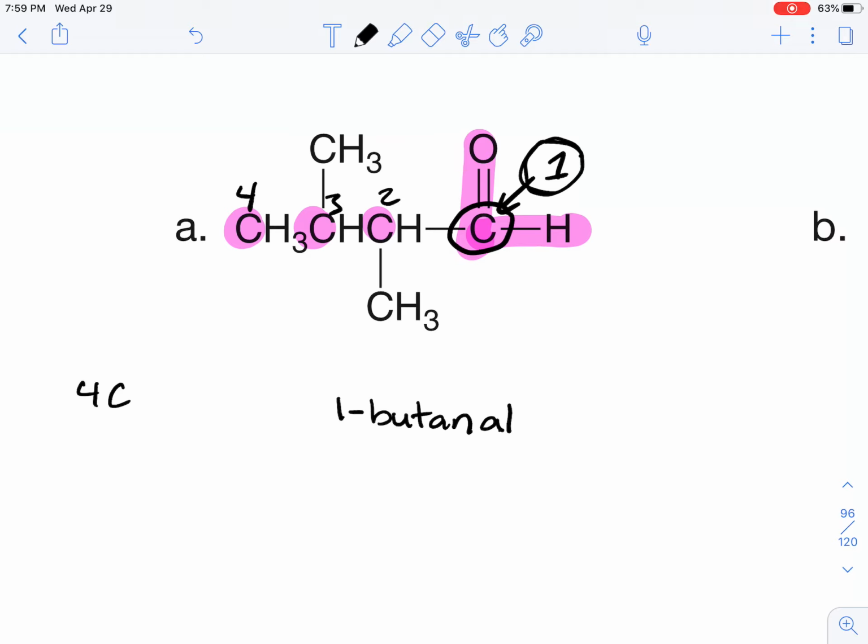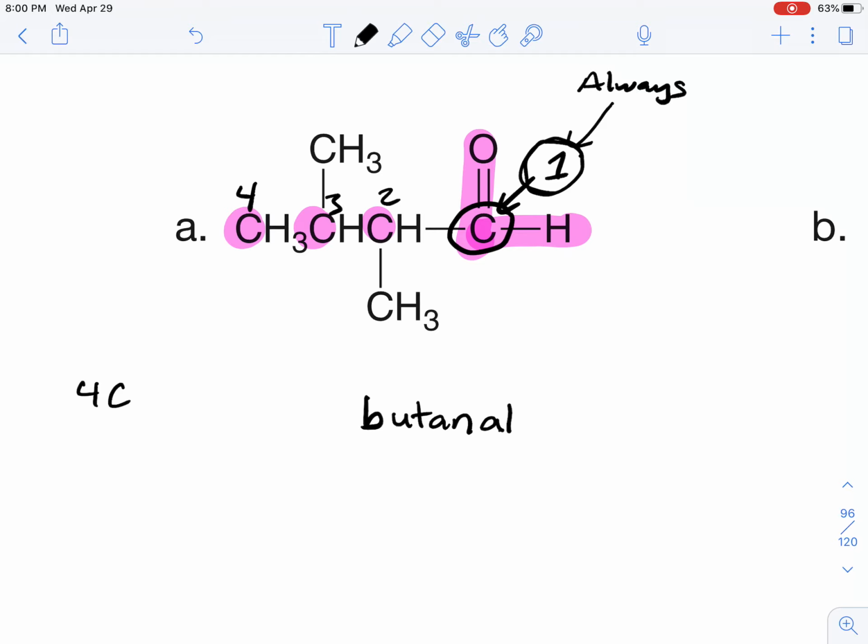However, since the carbonyl carbon is always carbon number 1, we're going to omit, we're going to go ahead and erase this. We're going to omit that from the name.